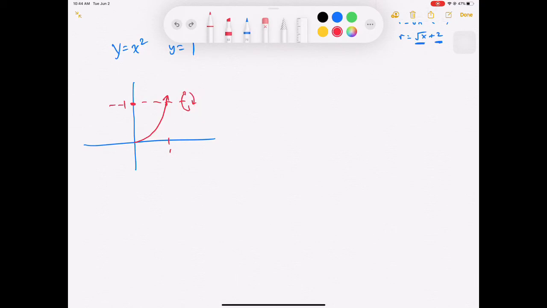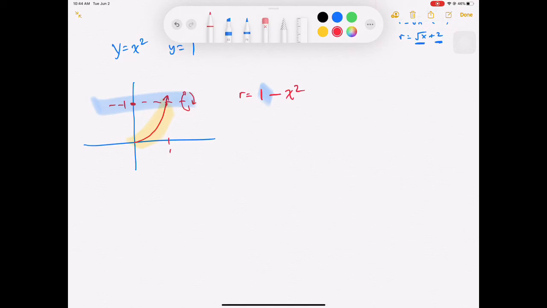So we follow our rule. Our rule was upper minus lower. In this case, the upper portion here would be the top, and the lower portion would be the function. So we would say the top is y equals 1 minus the lower, which would be x squared.